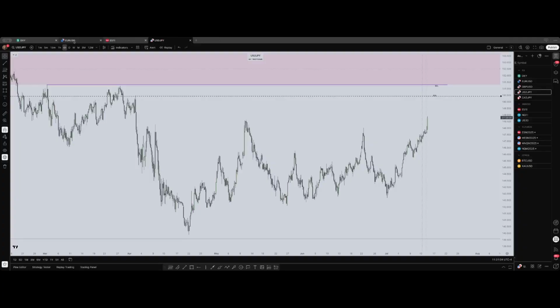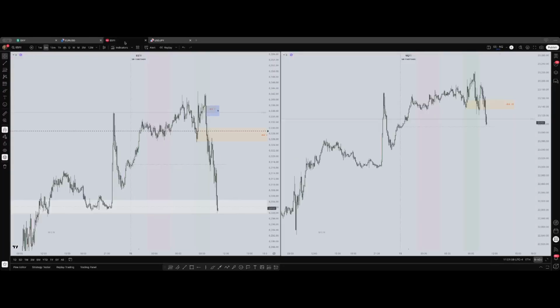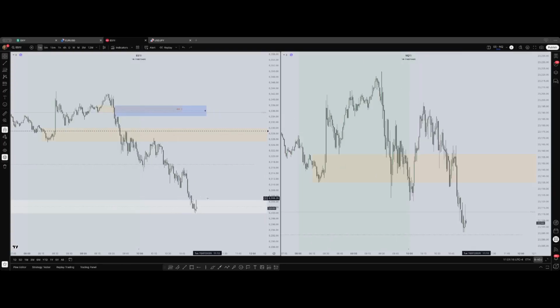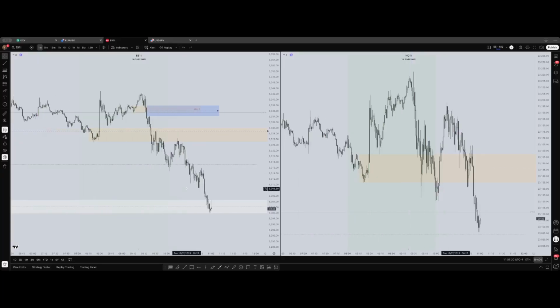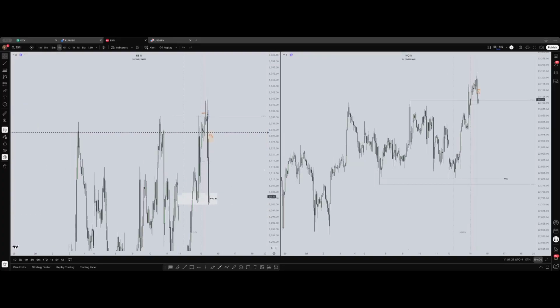So far price is just fooling around. So yeah, I think we will maybe see a reaction now, from this inverted fair value gap.